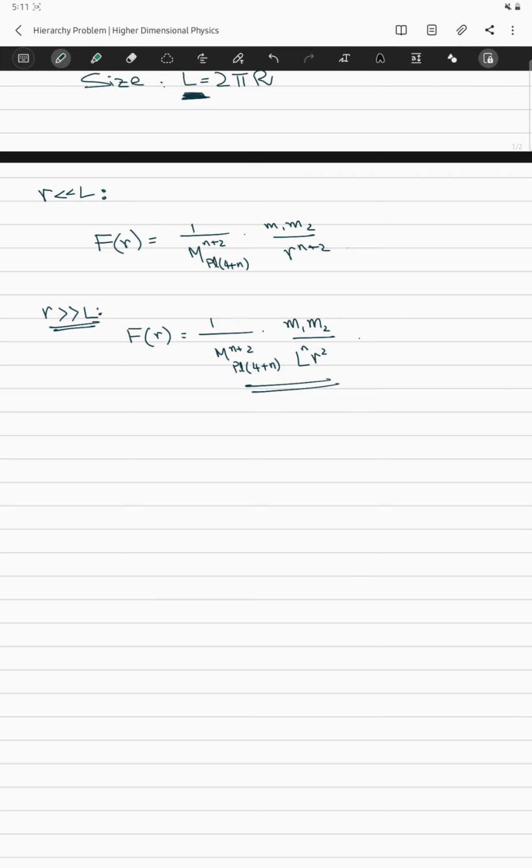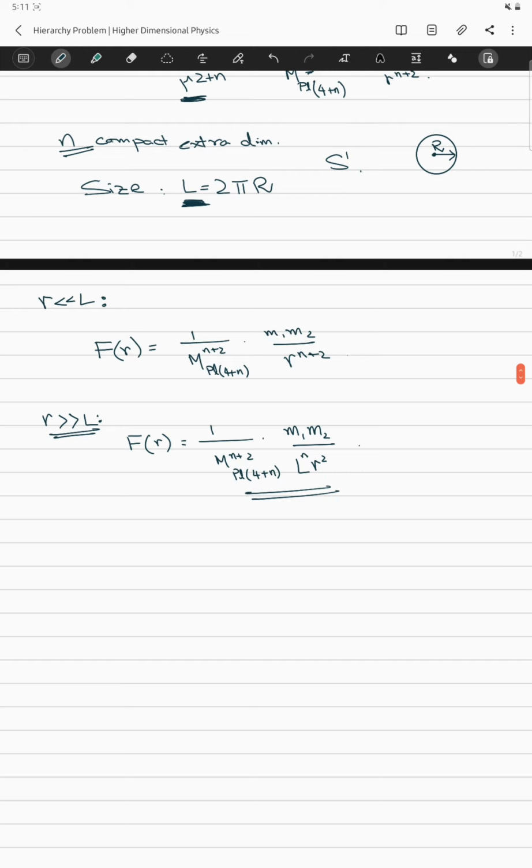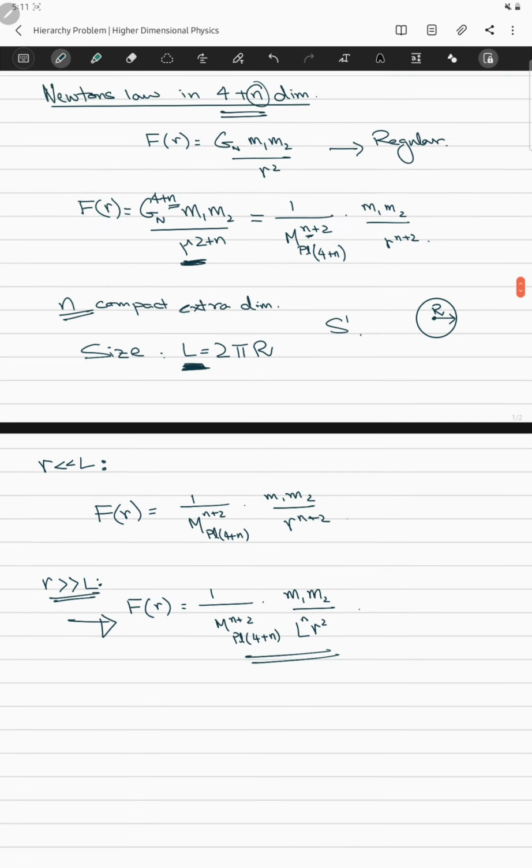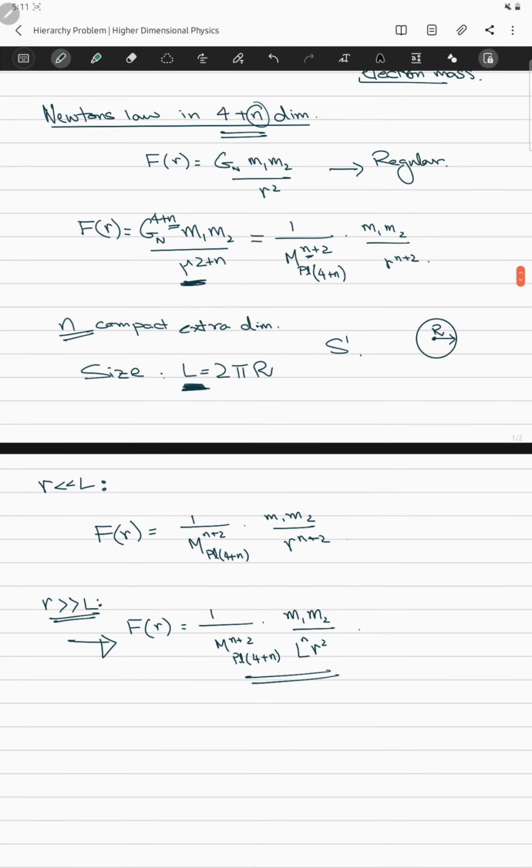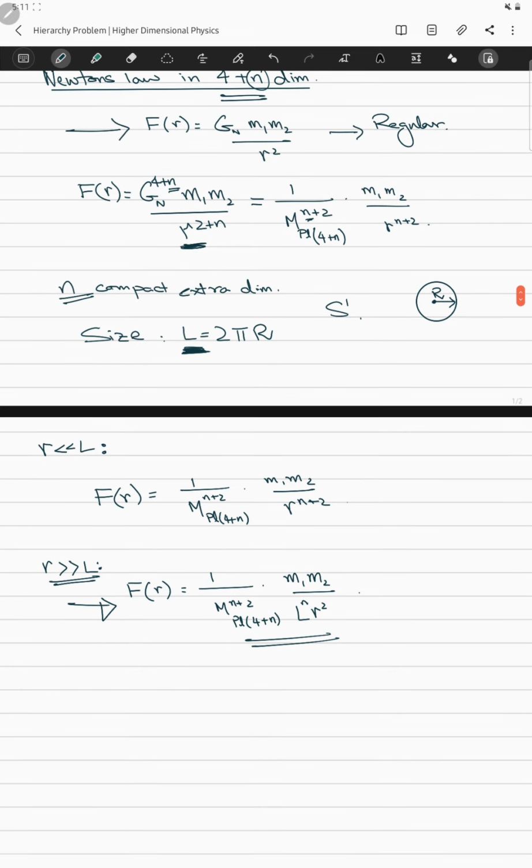Now the next thing is that I'm simply going to compare this equation with your original four-dimensional Newton's law, which is this one.